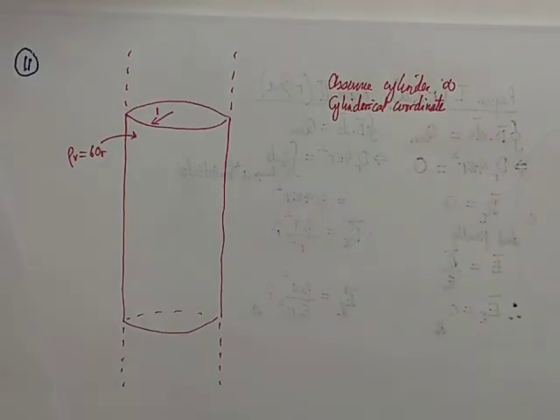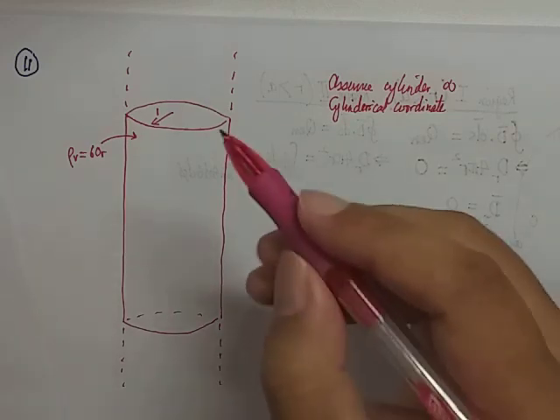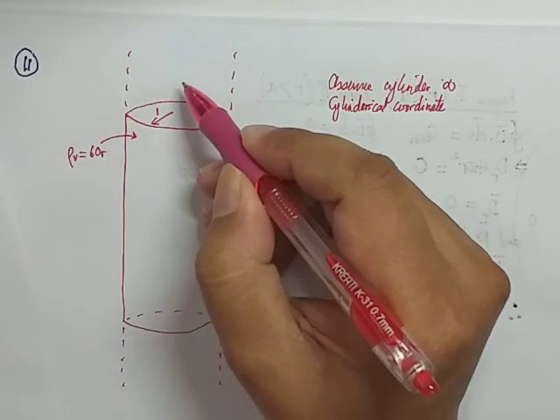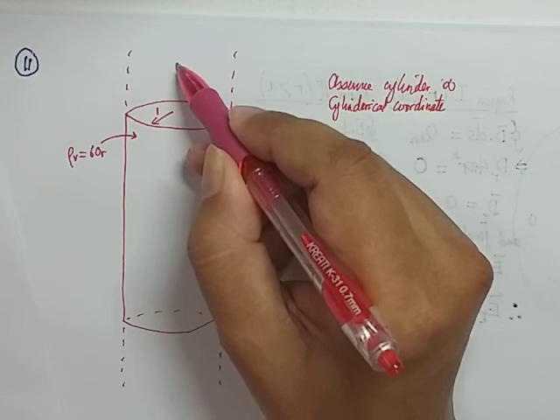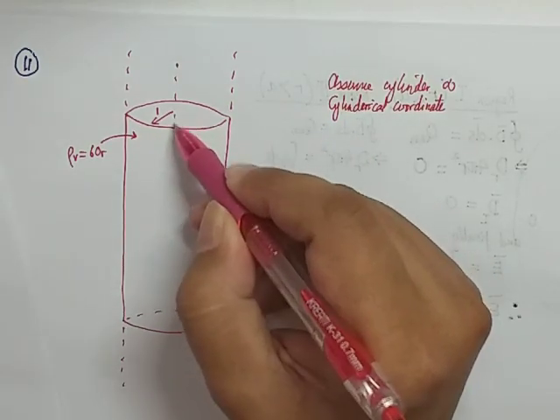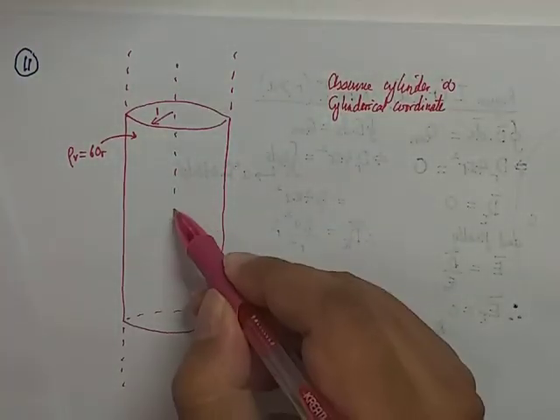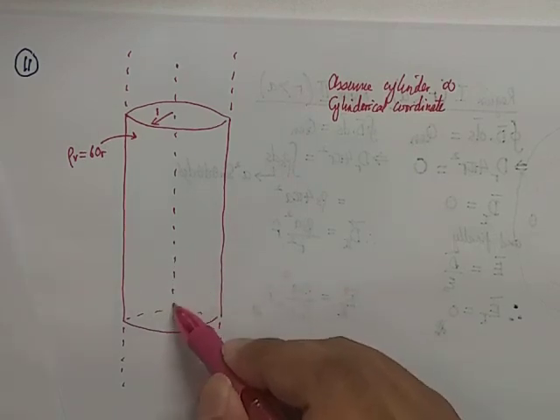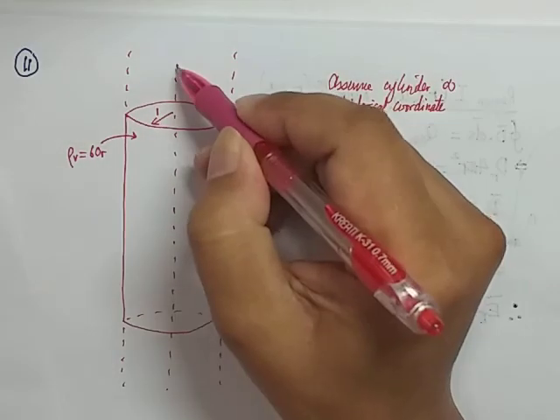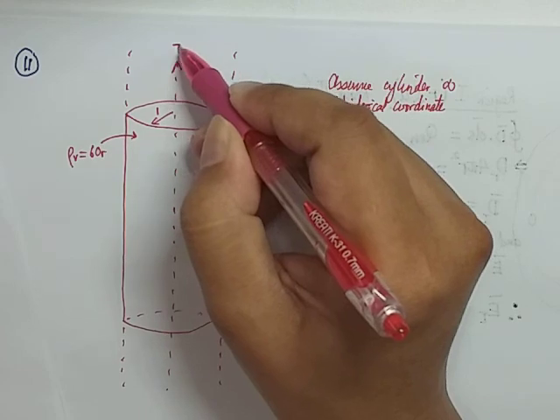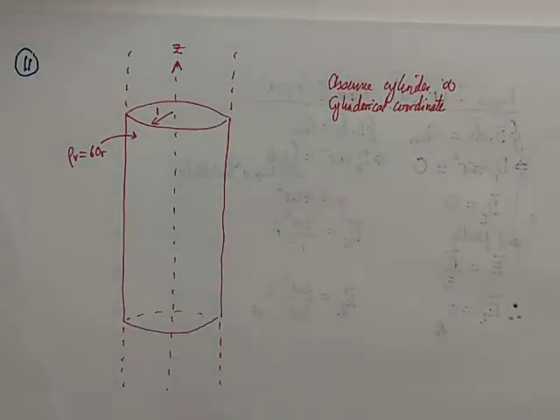Then how to make it simple? I'm going to assume that the axis of this cylinder is coinciding with what? Good, the z-axis. That should be the logical thing to do. So the z-axis is coinciding with my cylinder.